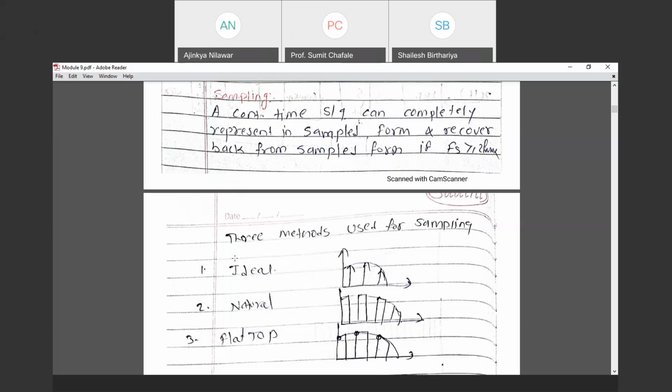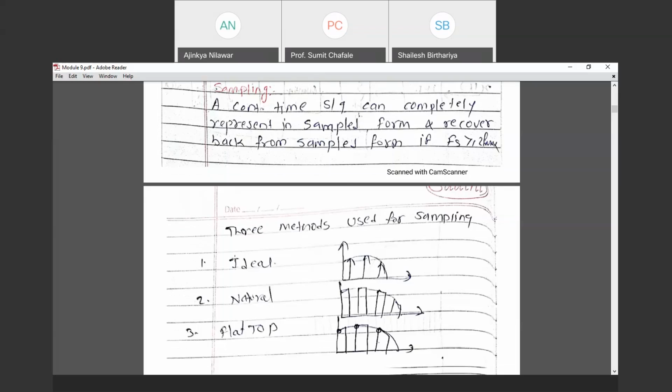The example is the same: we have three signals, 10 hertz, 20 hertz, 30 hertz. What is fm? 30 hertz is my fm. And what sampling frequency will I require? 30 multiplied by 2. The sampling theorem says that the sampling frequency is always greater than twice of f max. So this is how we calculate the sampling frequency.